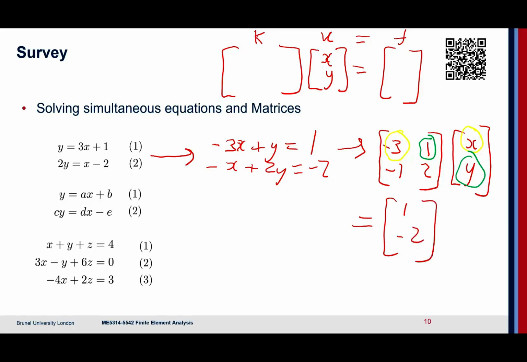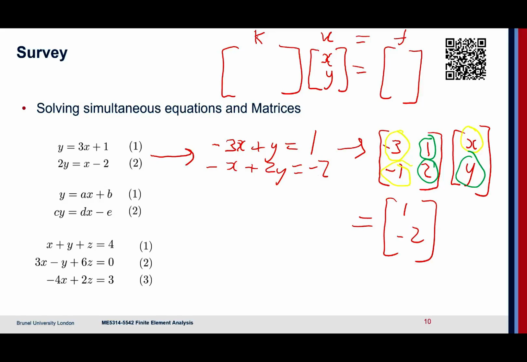So you can see multiplying these through together, we get the first equation. And we do the same thing on the bottom row. So we do minus 1 times x, which gives us minus x. And we do 2 times y, which gives us 2y, and that's equal to minus 2.